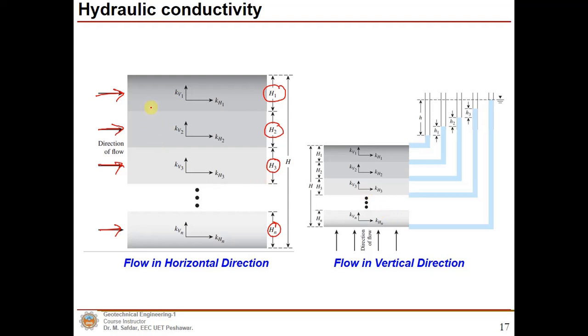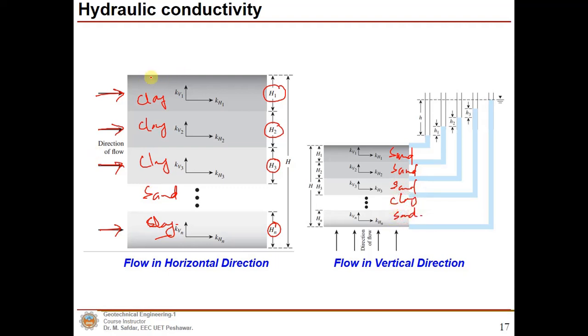Now, one thing which we need to understand: for example, in the horizontal direction, suppose we have three clay layers and one sand layer, or four clay layers and one sand layer, or sand layer, sand layer, sand layer, clay layer and sand layer.